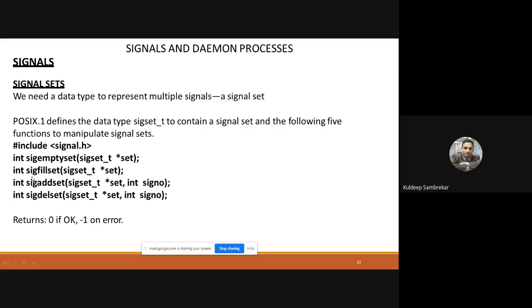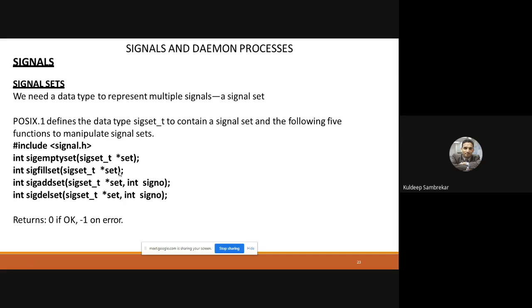There is also sigfillset. What sigfillset does is it initializes the signal set so that all signals are included. So all the signals given in the signal set are included for its execution, which means a running process will have more than one signal for its execution.